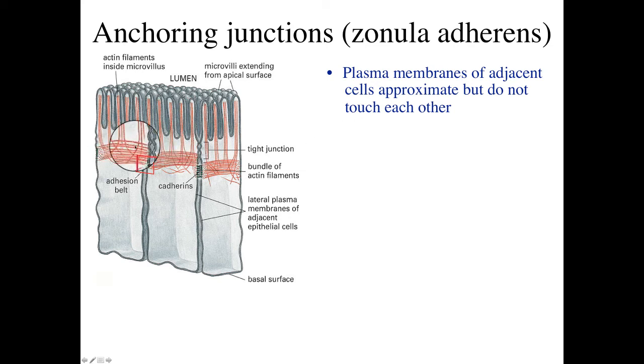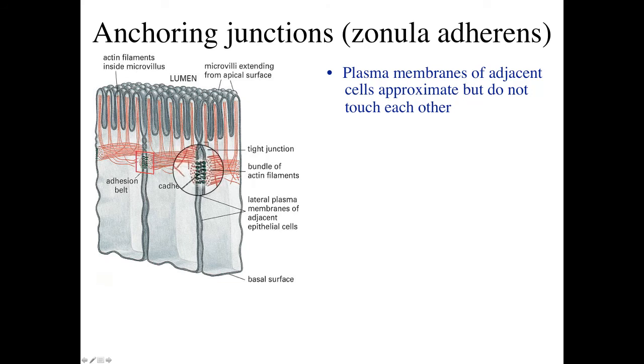So in the cartoon, you can see the tight junction of zonula occludens, where the plasma membranes actually touch and fuse. Here in the zonula adherens, remember, zonula adherens has a belt that goes around the apical surface of the cell just below the zonula occludens. The cell membranes approximate each other, but they don't actually touch.